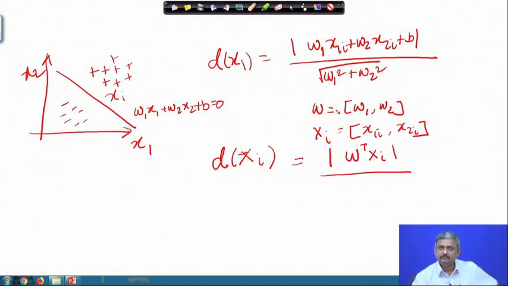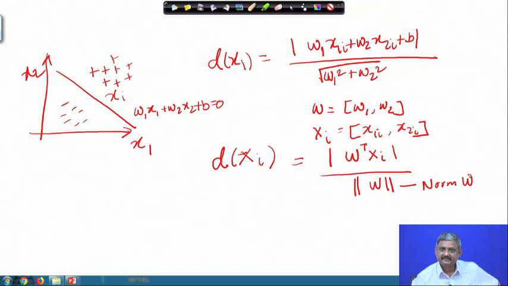The notation we introduce for that is the norm of W.